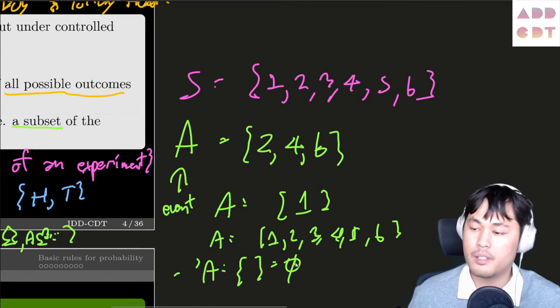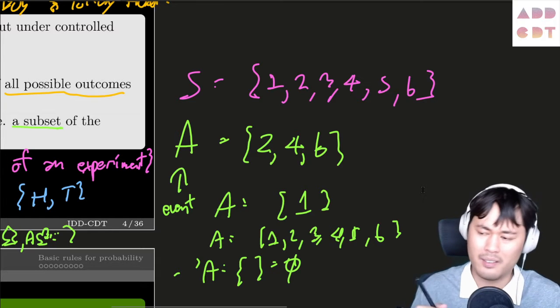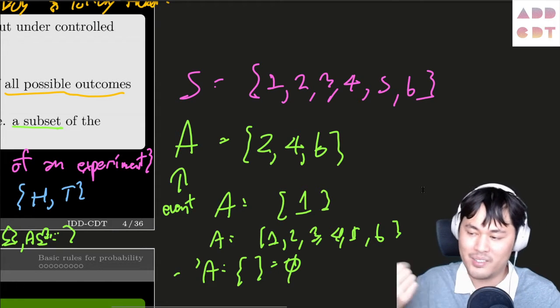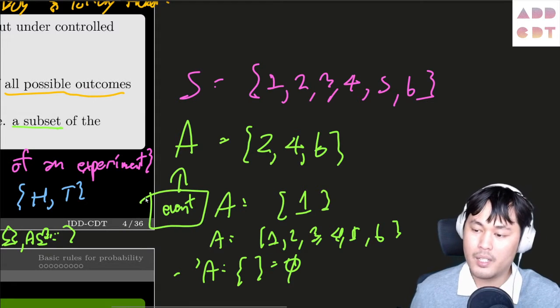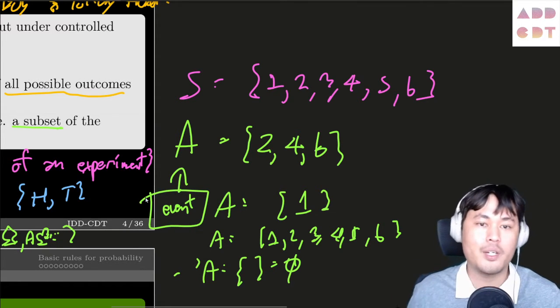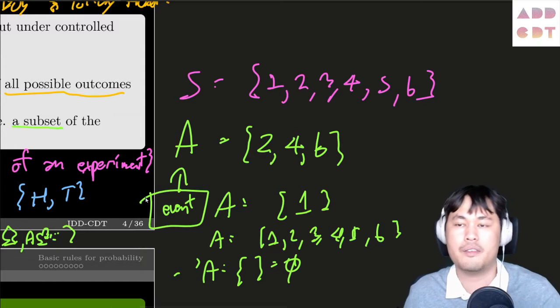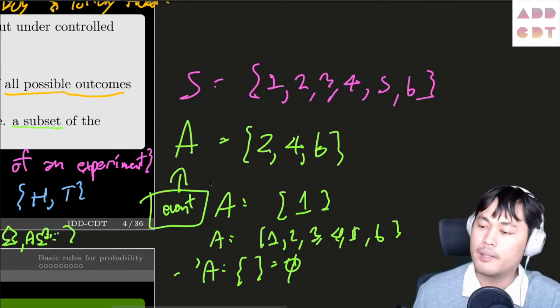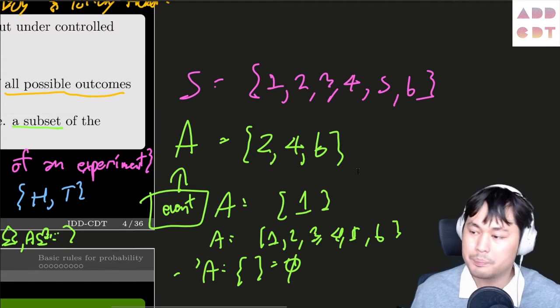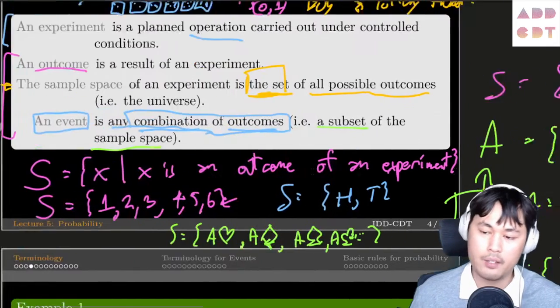There are other subsets too. And it looks clear here, right? You just pick some elements out. But usually the event is given to us as a statement or a sentence. Then you have to transform that sentence into set notation before you can work out the math.